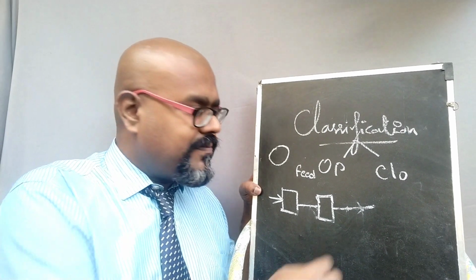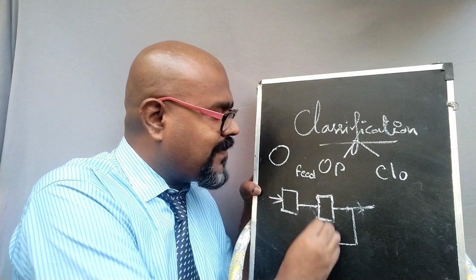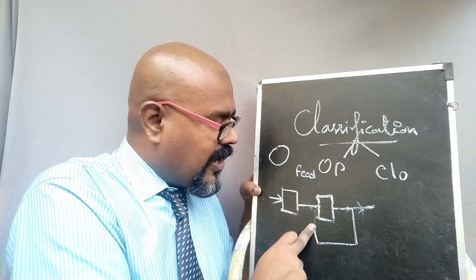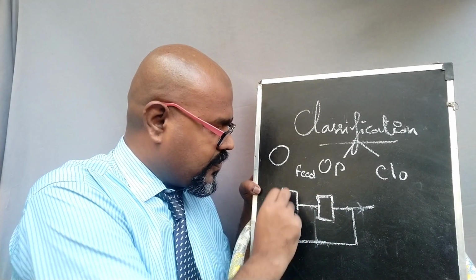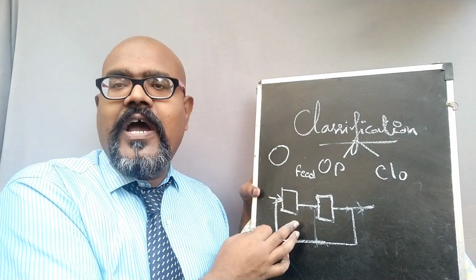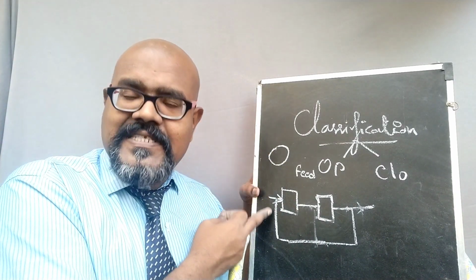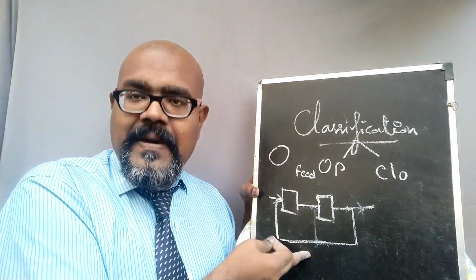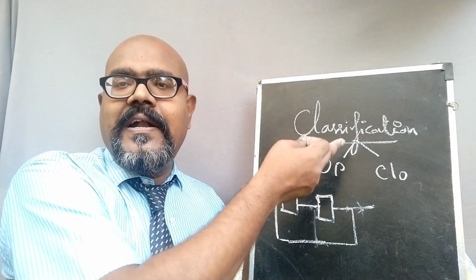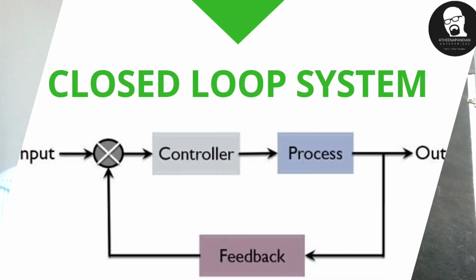In the closed loop system, we have the feedback signal. The feedback may be here or it may be connected here also. Wherever it may be, it should have some feedback path. If the system has the feedback loop or the feedback path, then the system comes under the closed loop system.